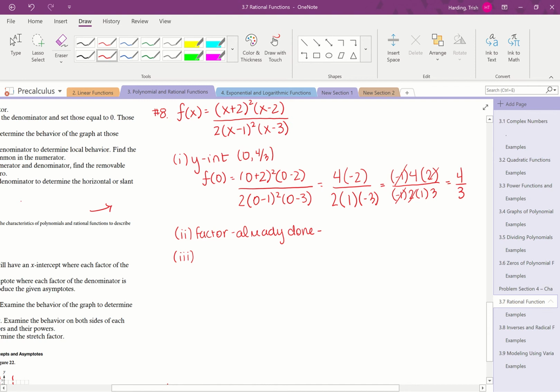Neither of those is in the numerator, so that means I can just take the entire numerator and set that equal to 0. Which means I can take both of these factors, ignore the square, and set these equal to 0. So that gives me x equals negative 2 and x equals 2. So my x-intercepts are negative 2, 0, and 2, 0. Because remember, an x-intercept has a y of 0.